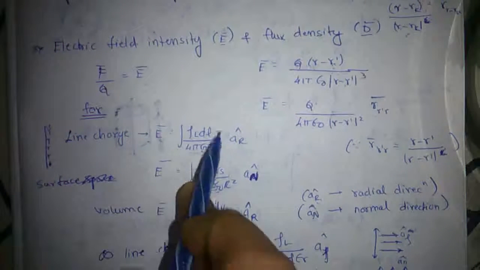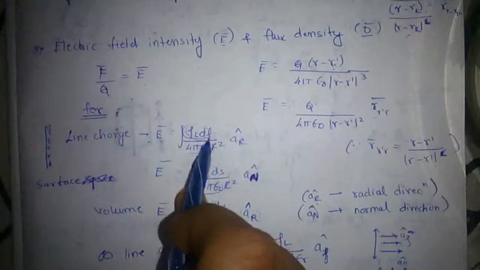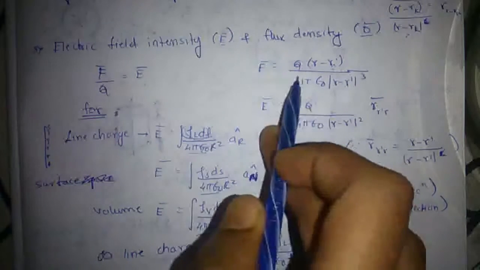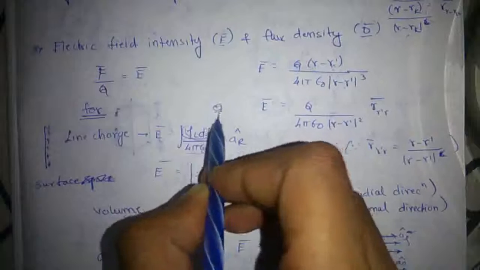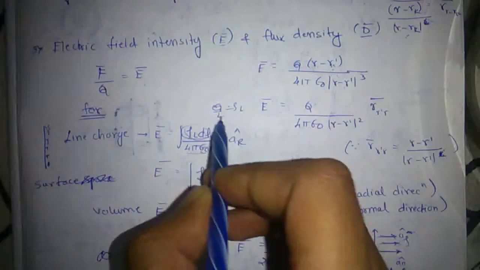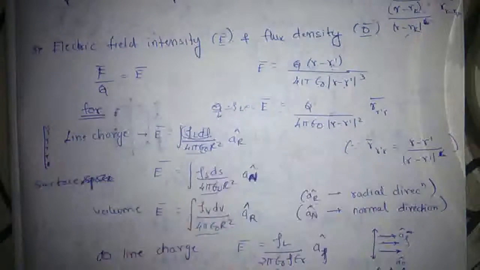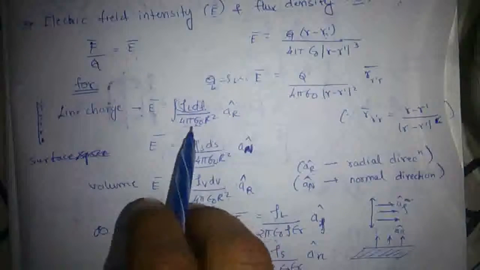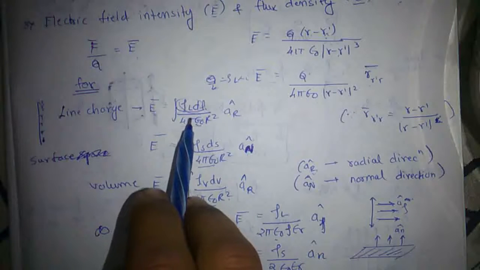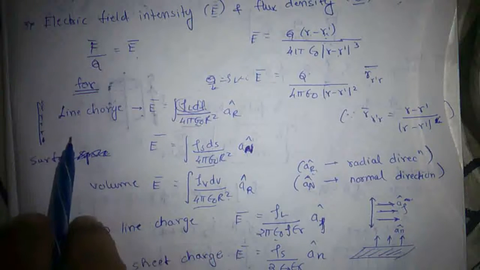Then I use this particular thing for representing my Q. As we know, Q by L is equal to rho L. So if I multiply by L here, I'll get Q. Simple. That's what is done here. So this is the formula for electric field intensity due to a line charge.